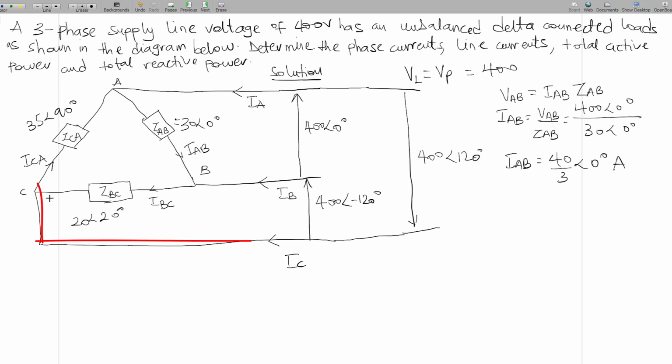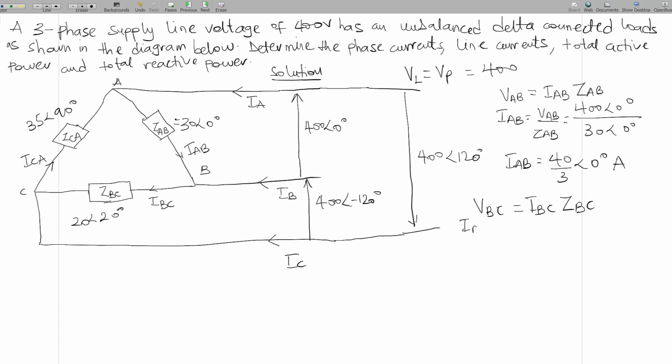When we pick this loop over here, we can also say that we have VBC, because this is line B and this is line C. So the voltage there is VBC, and the current over here is IBC, and the impedance here is ZBC. So I can say that VBC will be equal to IBC times ZBC.